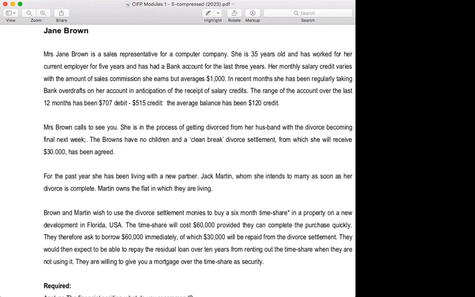I think she has a good character outside of management of her funds. We see that she is a representative for a computer company, 35 years old. She's been employed for 5 years, which shows she has some stability. The only thing is that she's had a bank account for the last 3 years, which means there were 2 years where she did not have a bank account while she was working.